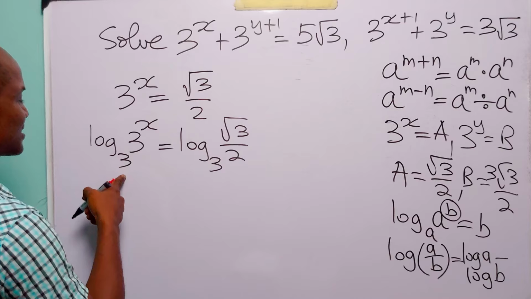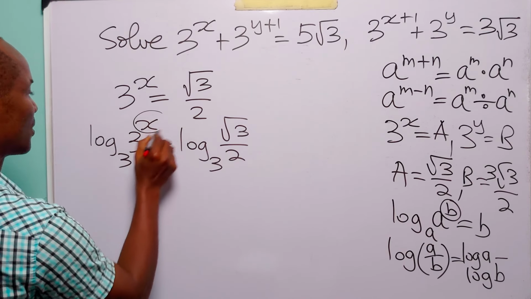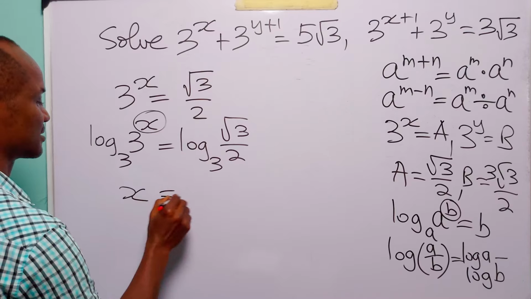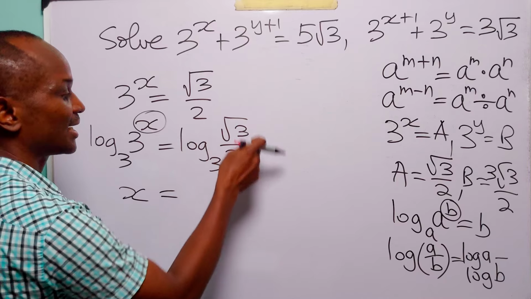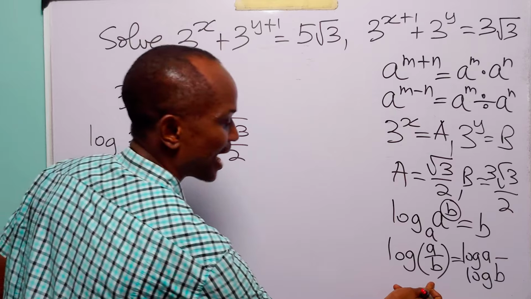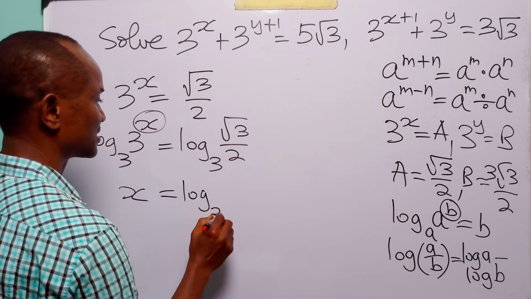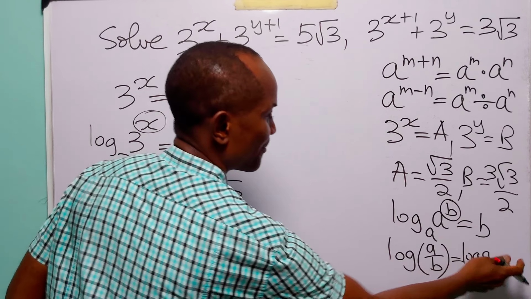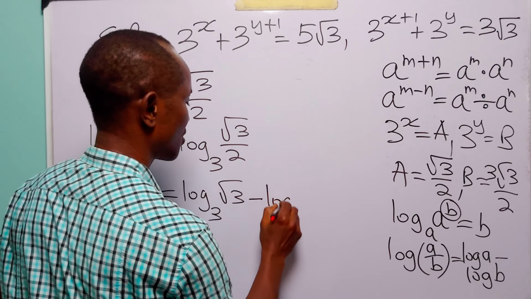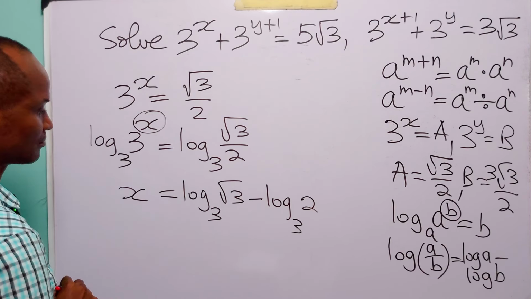So here, log to base 3 of 3 to the power x, according to this rule, is equal to x. And in this case, log to base 3 of root 3 divided by 2, according to this rule, is log to base 3 of root 3 minus log to base 3 of 2.